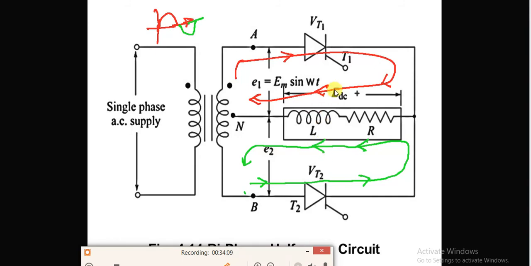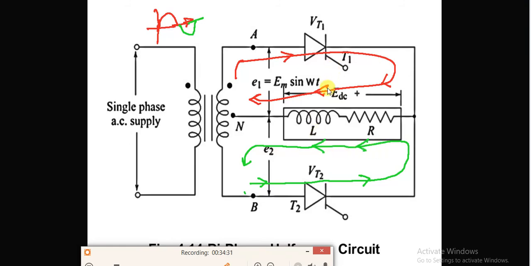If you look at the direction of the current flow during the positive half cycle as well as during the negative half cycle, the direction of current flow through the inductive load is the same: from right hand side to left hand side.